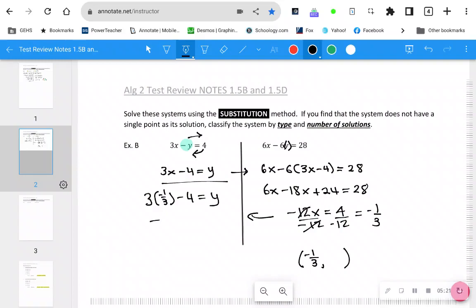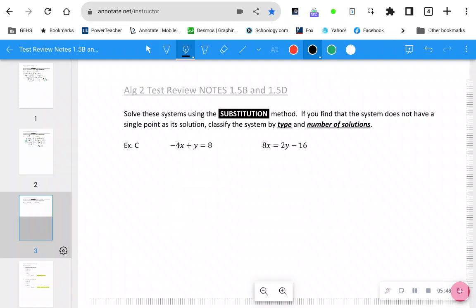So you multiply 3 times negative 1 is negative 3, and divide by 3, you get negative 1 minus 4. In case I went too quickly there, you multiply a whole number times top and divide by the bottom. Anyway, that gets you down to our y value of negative 5. And 2 down.